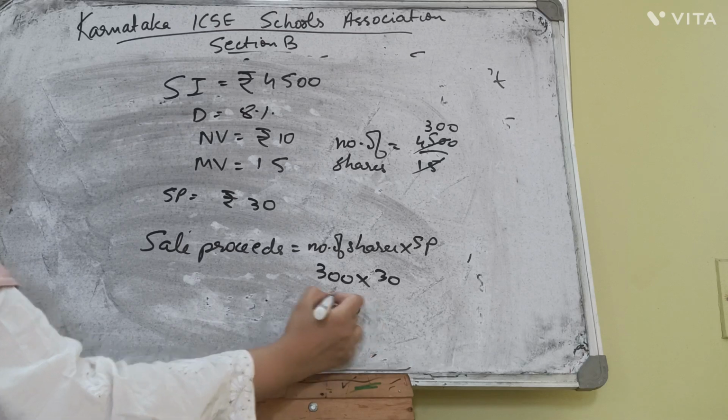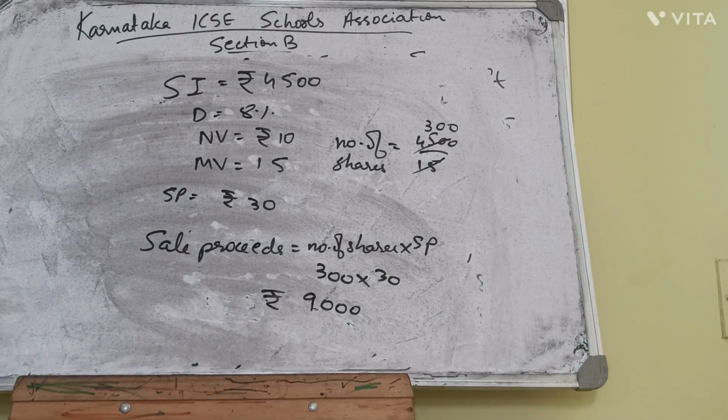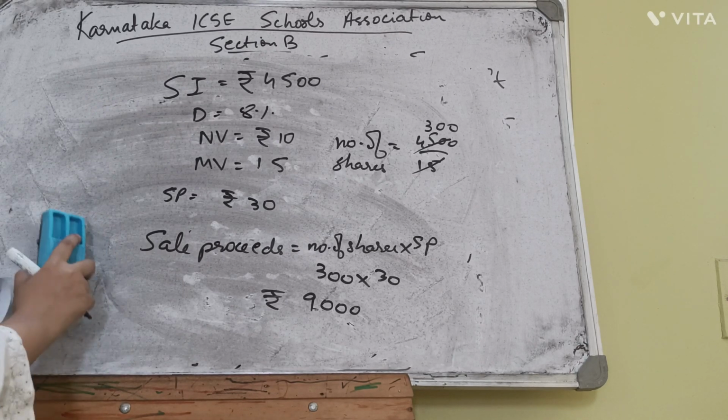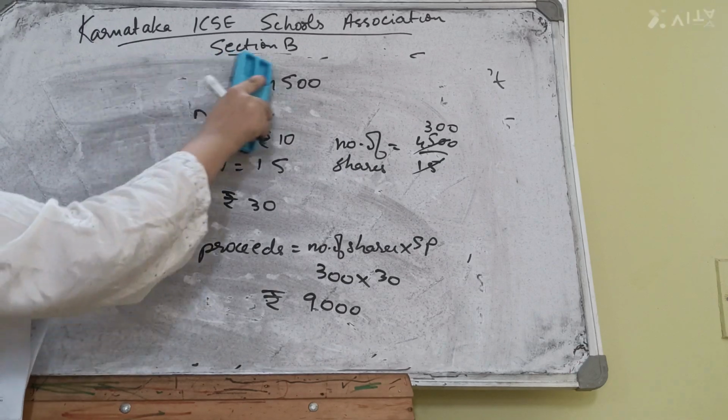So number of shares is 300 into selling price is 30. So on multiplying this we get 9,000. This is the sale proceeds. So this is your first answer. The second one is the number of rupees 125 shares bought by Surya.